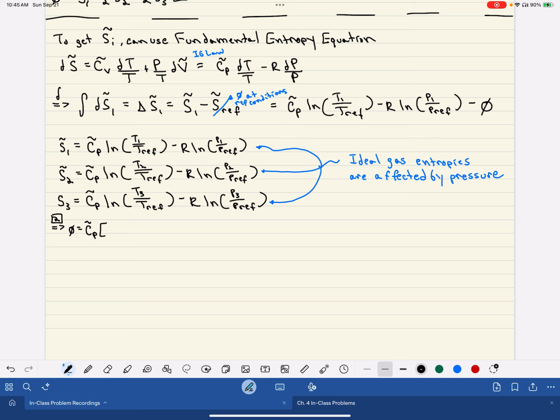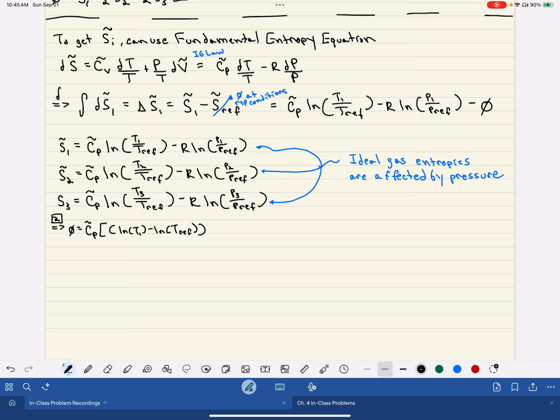Here I'm going to employ the log rules, where this natural log of T1 over T ref is the same thing as the difference between ln of T1 minus ln of T ref. That's just one of the log rules. So here I'll write ln of T1 minus ln of Tref.